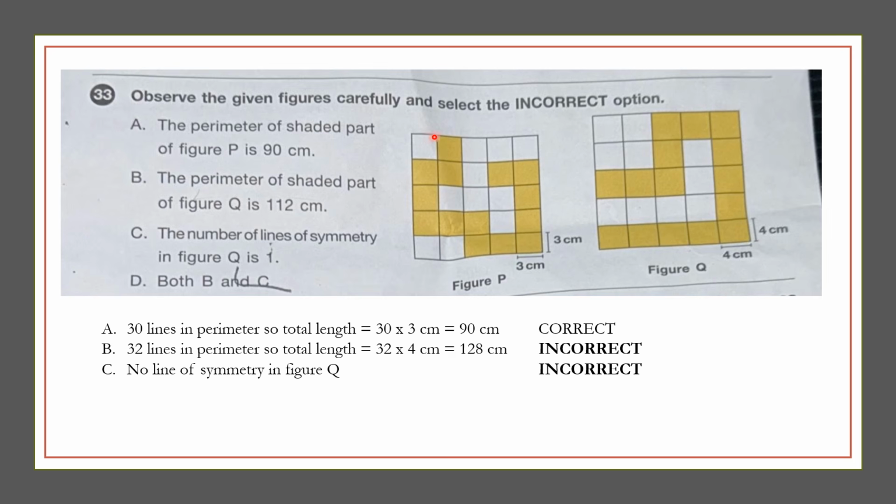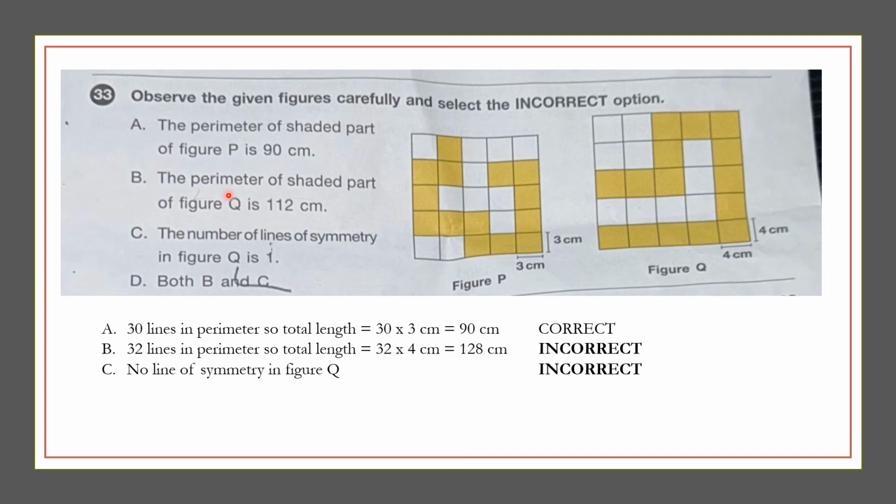So 1, 2, 3, up to 30. So 30 lines we have and each is 3 centimeters. So 30 times 3, 90 centimeter. So this statement is correct.